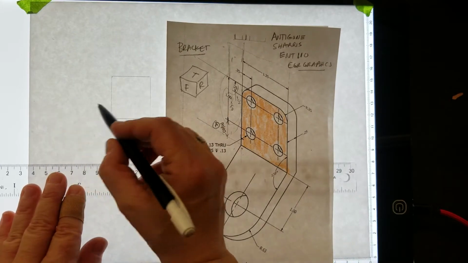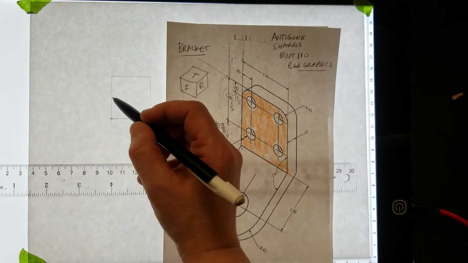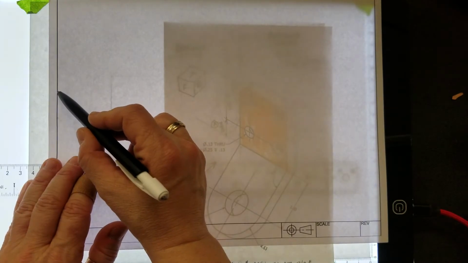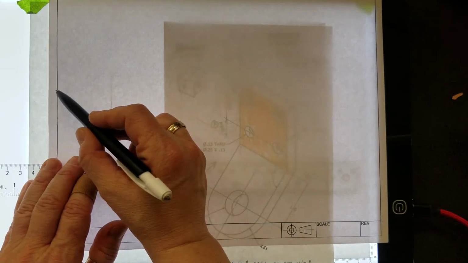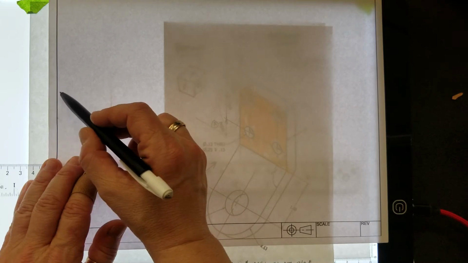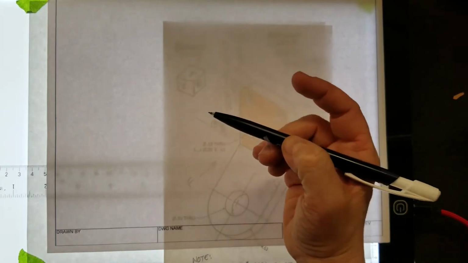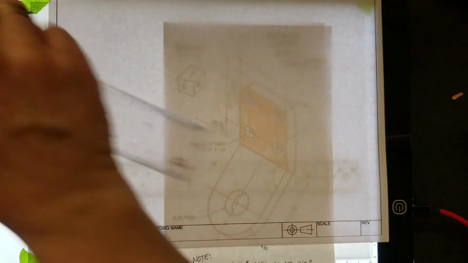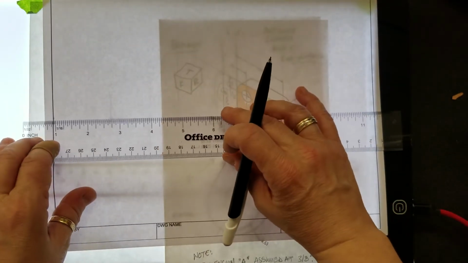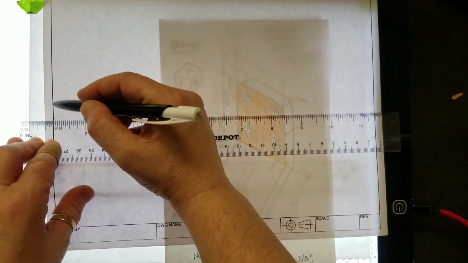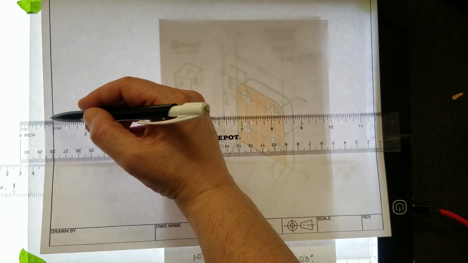So we should not start our part from the border. When I look at this, from this border, the border of our paper, not literally the edge of the paper, but the border. We're not going to start our part 1 inch away, because if we do, we're going to run out of room. Because if we only give ourselves an inch, and that's the inch where I need to put my dimensions, guess where your outer dimension's going to end up?